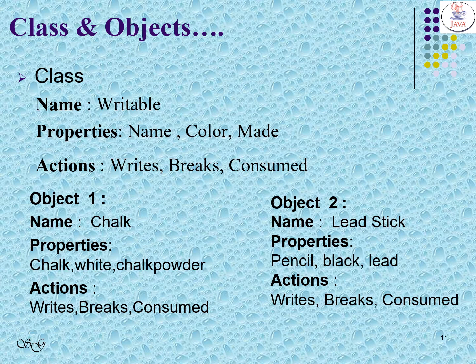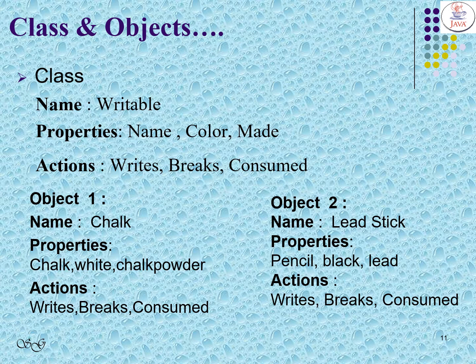We can have an object by name Chalk, which is of type Writable and which possesses the properties: name Chalk, color white and made of chalk powder, and which possesses the behavior writes, breaks and consumed.